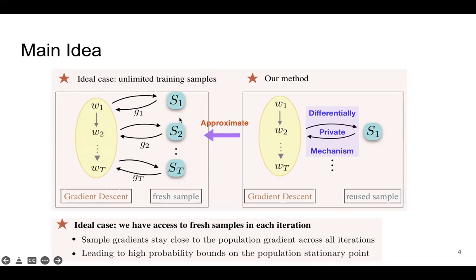This oracle requires a new sample every iteration to get the stochastic gradient, and in expectation this gradient, computed on a new sample, equals the population gradient.